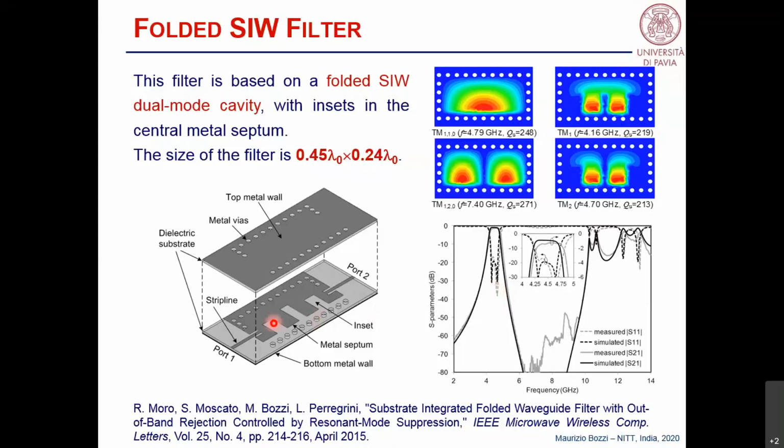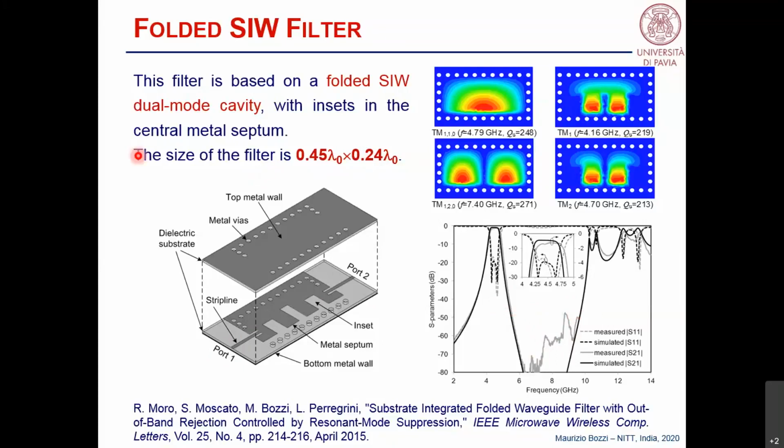After that, we make some fine-tuning of the insets, and we can optimize the response of the filter. If we use a strip line to feed this cavity, we can also suppress some higher order modes and obtain a quite broad out-of-band rejection.